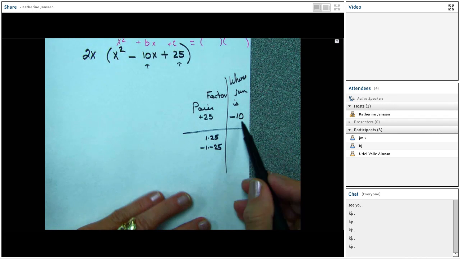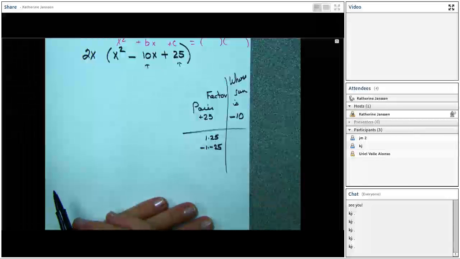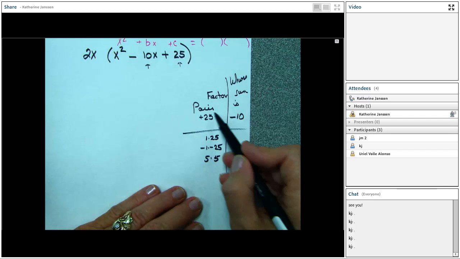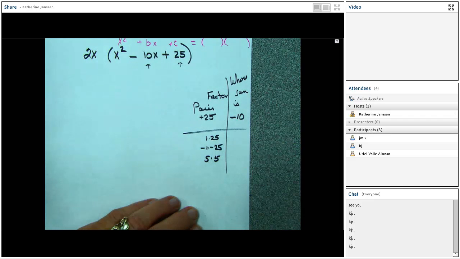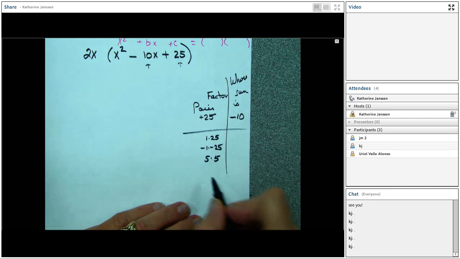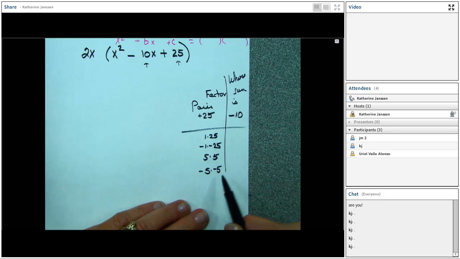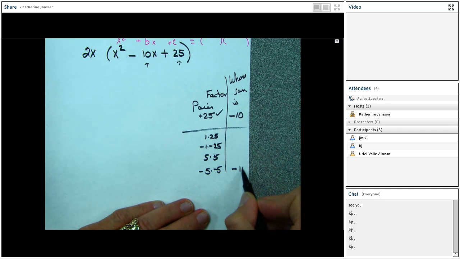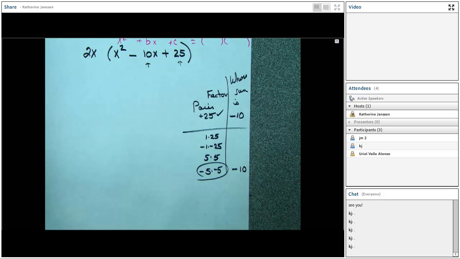Sums aren't close yet. Let's see, 5 times 5 is positive 25? How about a negative 5 times a negative 5? Negative 5 times negative 5 is a positive 25, and when I add negative 5 plus negative 5, I get negative 10. So there's your factor pairs.